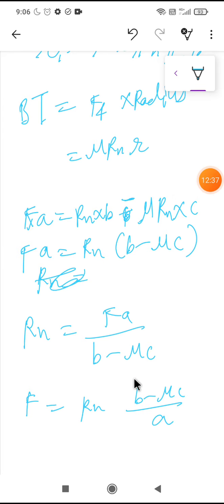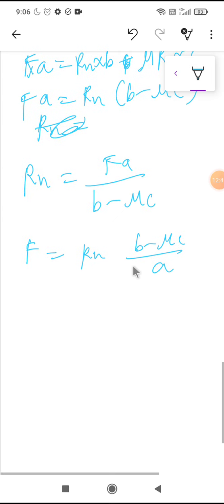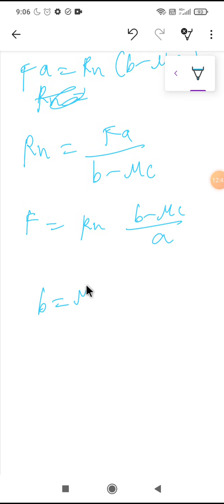Now if B is equal to mu C, the force will be equal to 0, which implies that the force needed to apply the brake is virtually 0, or that once the contact is made between the block and the drum, the brake is applied by itself. Such a brake is known as a self-locking brake.